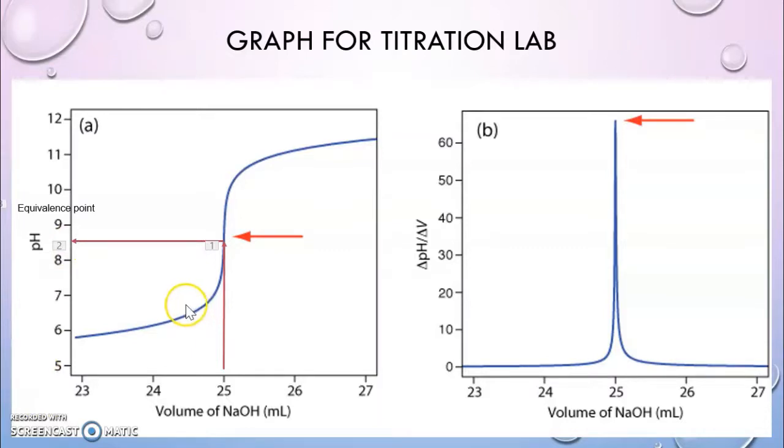The pH of the equivalence point that is estimated from the titration curve is approximately 8.5. This means that at this pH, which is 8.5, all acid is exactly neutralized by the sodium hydroxide, or by the base that is used.